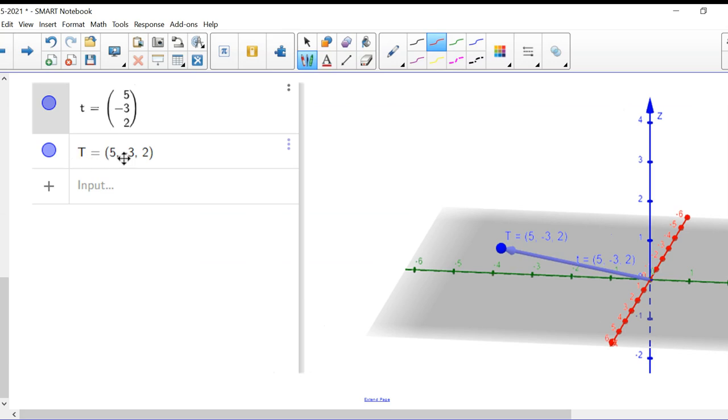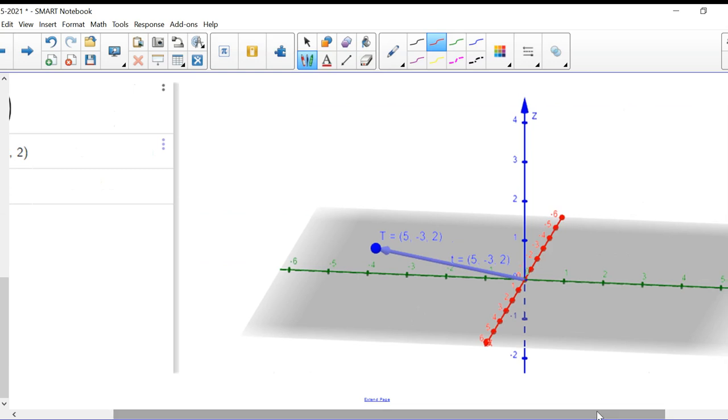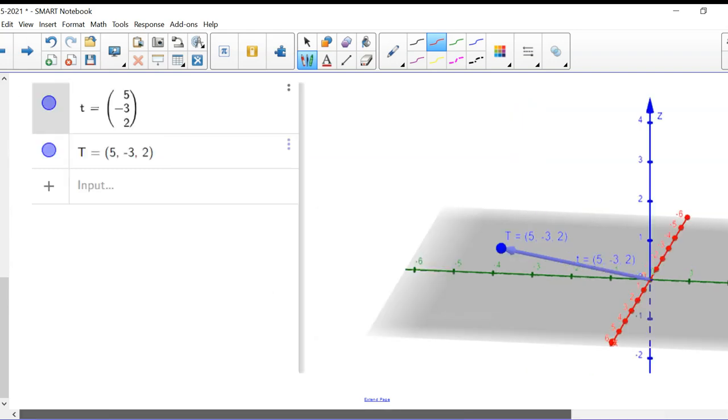The uppercase T is a point, 5, minus 3, 2. And here's the point right here, sort of in the same place that I put my vector a few minutes ago. So it's forward along the x, to the left of the y-axis, and it's on the top of the xy plane, because I'm going up along the z-axis. You've got to try to think 3D. That's the whole idea here, think in a 3-dimensional manner. Okay? So hopefully that gives you some perspective on that.